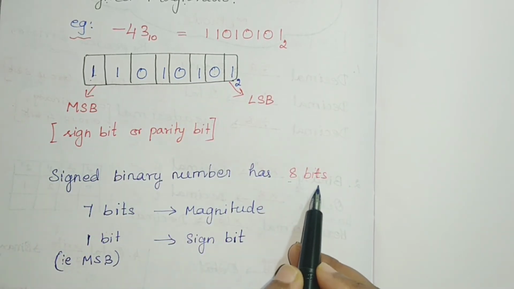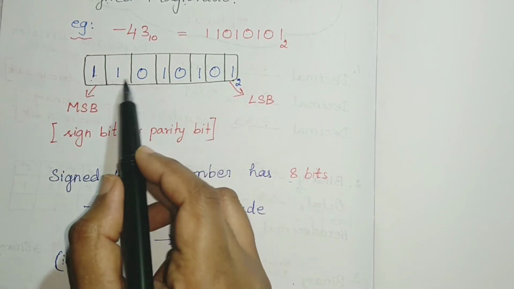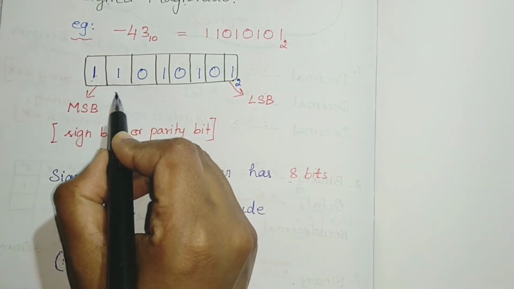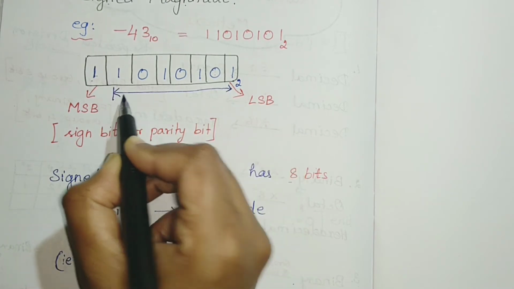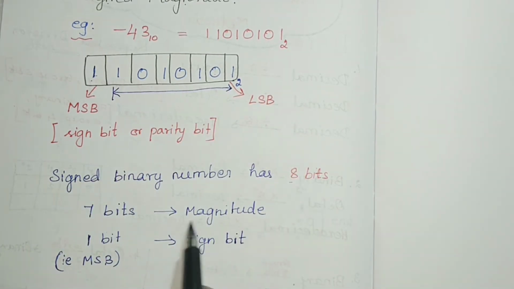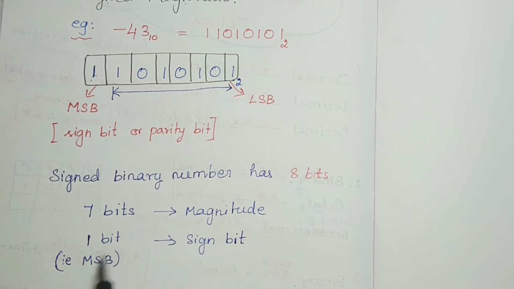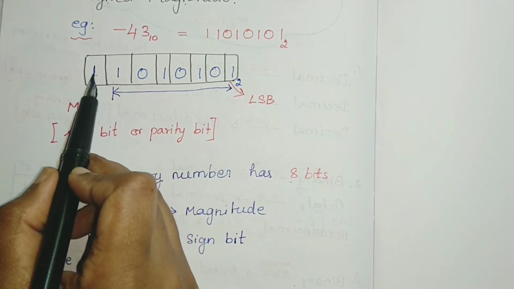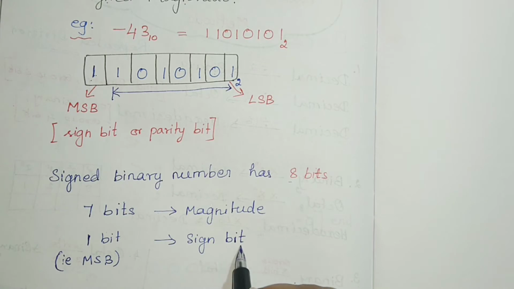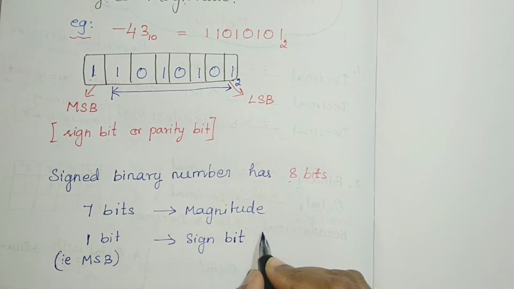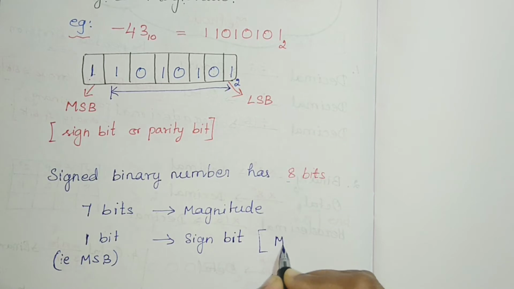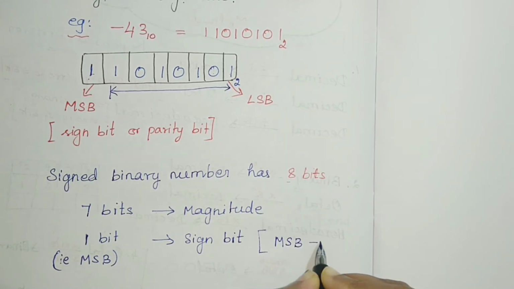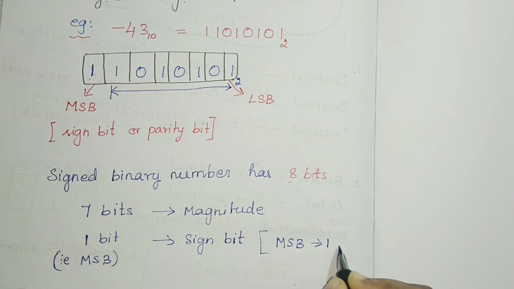In these 8 bits, 7 bits are used to store values. We say it as magnitude. 7 bits are magnitude, and the most significant bit is used for sign. It is called the sign bit. So how is it represented? If the most significant bit is 1, then the number is a negative number.